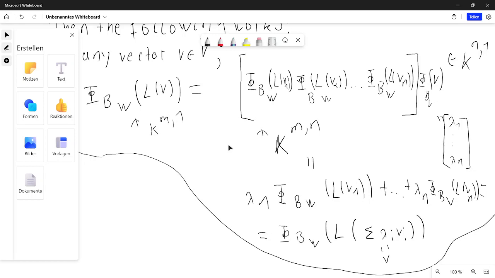What I want to say is, if we take any n-dimensional k vector space, then this n-dimensional k vector space is actually structurally the same as the space k to the power of n.